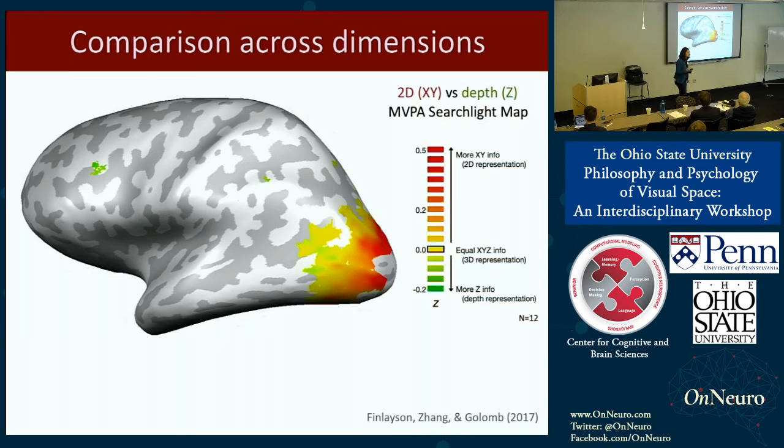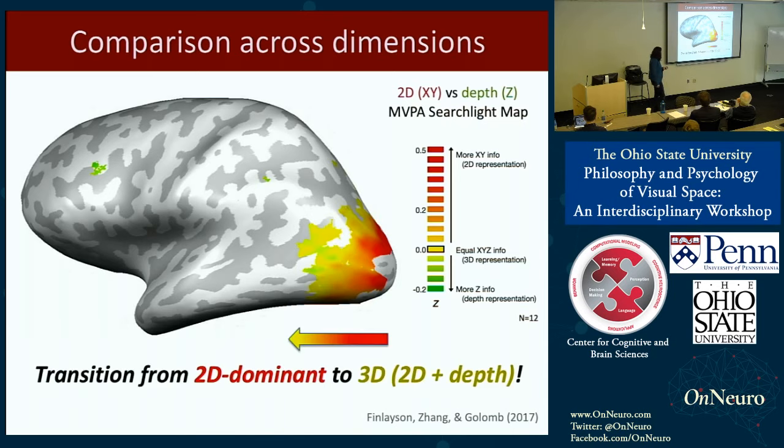They don't have much information about depth. Green regions, which aren't many, maybe a little bit in these few isolated areas that may or may not be reliable, have more information about depth than 2D. And then these yellowish regions are the ones that you can think of as 3-dimensional representations. So they contain information about horizontal, vertical, and depth information.